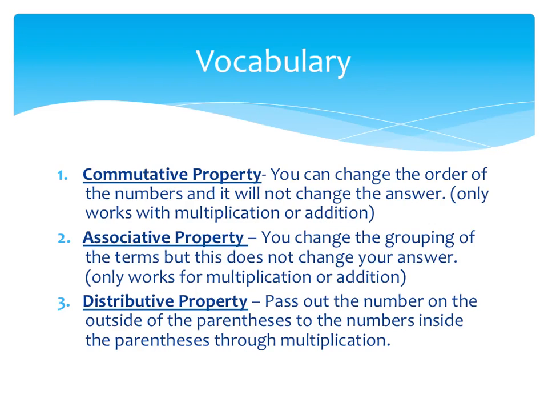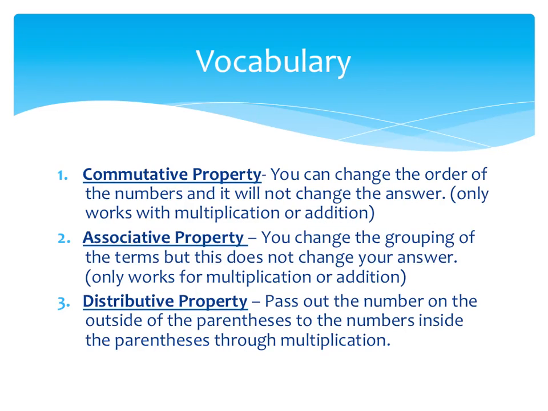Okay, the root word of commutative is commute, and you can think of commute as meaning to move or how we get to and from work or school or different places we go. So again, we can change the order of the numbers and it won't change the answer, but it only works for addition or multiplication. The associative property tells us that we can change the groupings of math terms, which are just the numbers, but it doesn't change your answer.